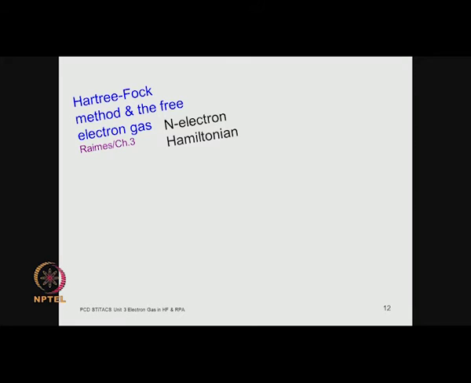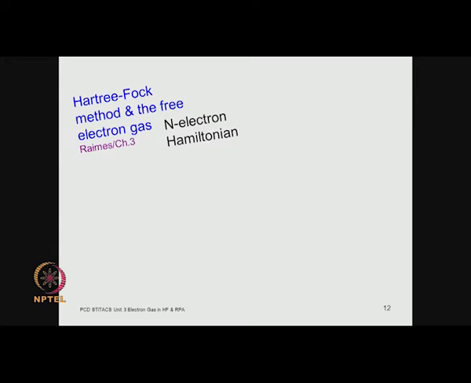So, we now proceed to discuss the Hartree-Fock method for an n electron system, but now we are going to work with the free electron gas, and this is what we will develop further. We will use the free electron gas as the model system for which we will develop the random phase approximation, and then we can develop it further.